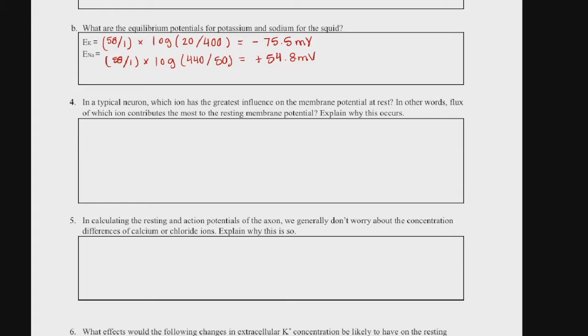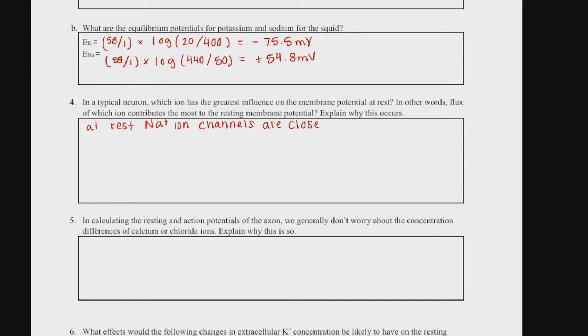So, at rest, almost all of the sodium ion channels are closed. So they don't really contribute.